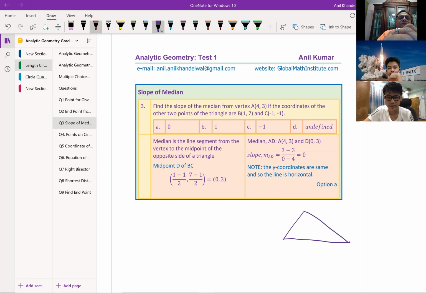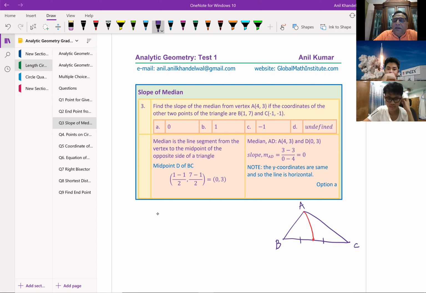Yes, median is connecting to the middle point, right? So we are saying A, B, and C are the 3 vertices. Median connects the vertex with the opposite side's center point, right? That is what the median is. What the question is, find the slope of the median.